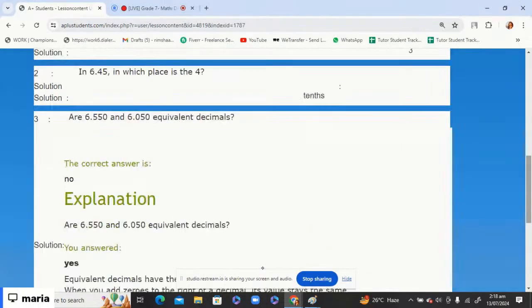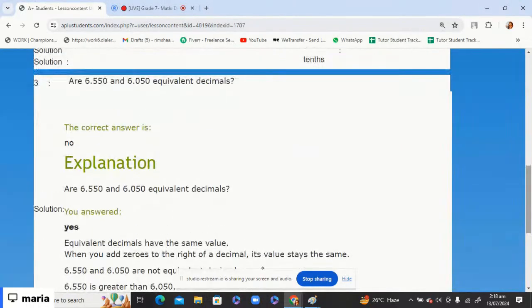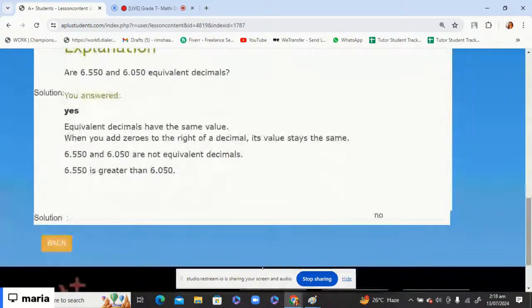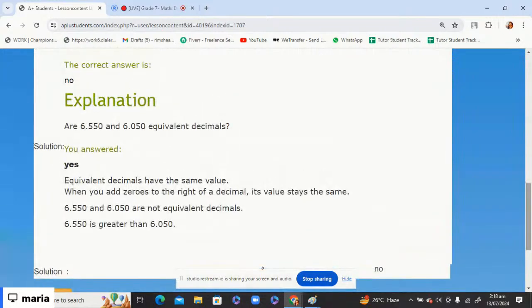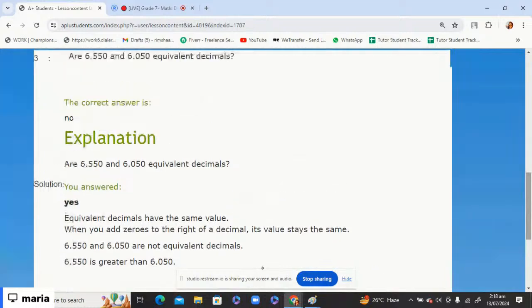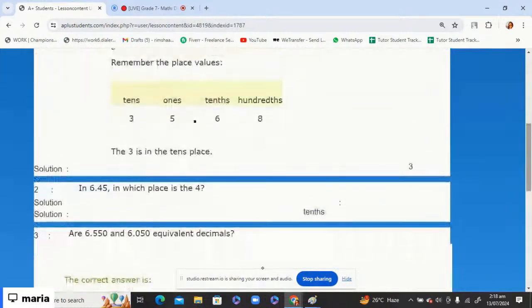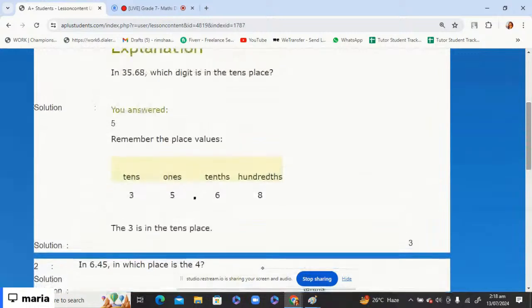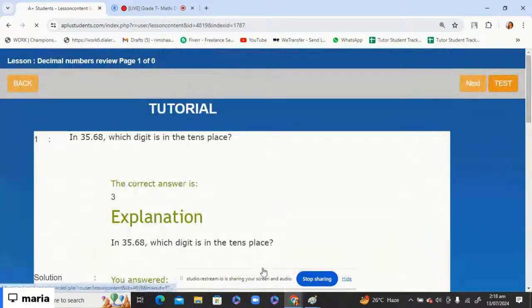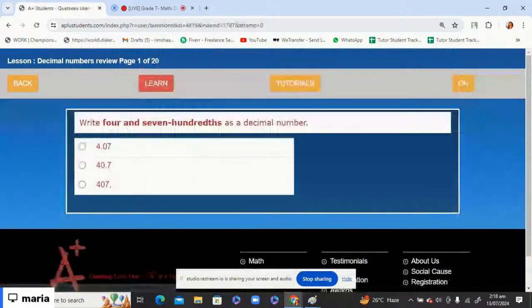So here, 6.550 and 6.05 are equivalent decimals. Look here, are these the same? No. Equivalent decimals have the same values. What are equivalent decimals? Those which have the same values. Now let's do some test questions, then you will be able to understand more.